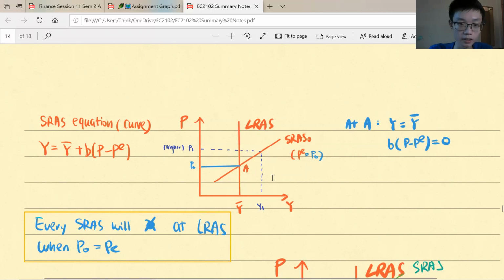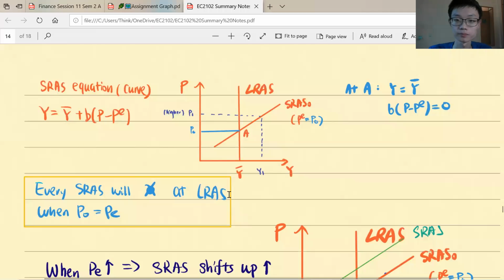So every SRAS will intersect an LRAS curve when PE is equal to P. Because if all things are expected, the price is likely to be at the same price where the economy is at its full employment output.